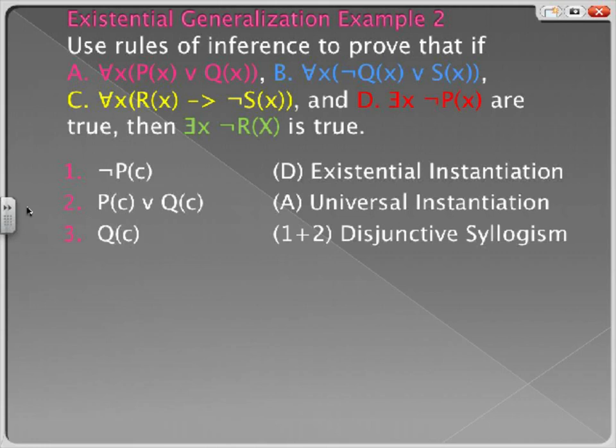Furthermore, we will combine this first step and the second step in a disjunctive syllogism that says if not P of c and P of c or Q of c, then we can conclude Q of c is true.